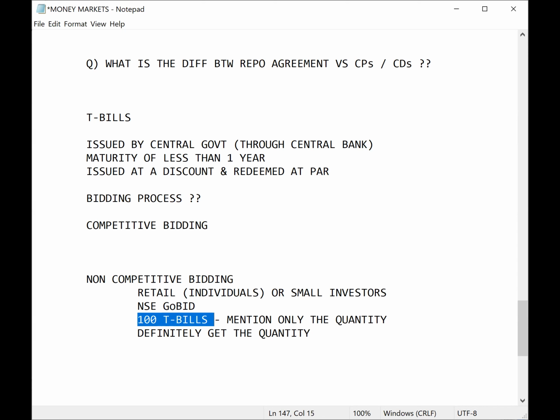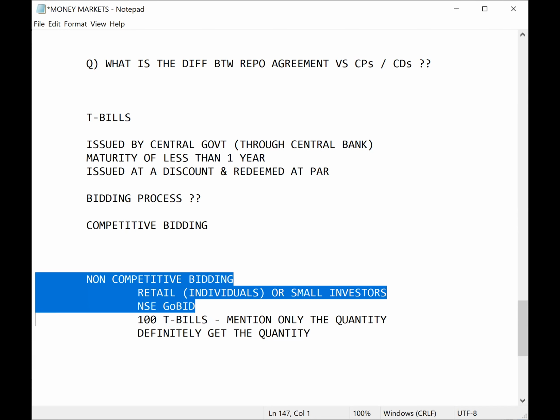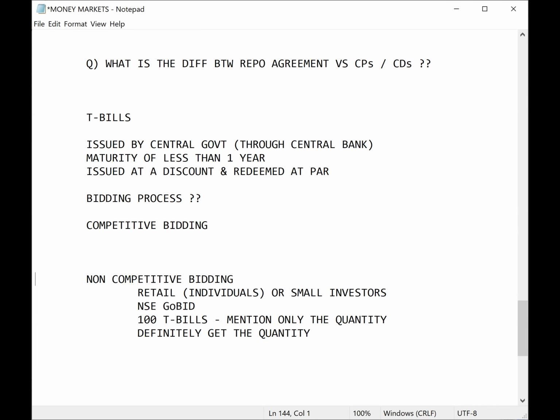I'll just mention the quantity and I can be sure that I'll get the quantity. I'll get 100 T-bills. So that's non-competitive. I'm not competing against anybody. I'm just saying I want this and I'll get this. But there is a competitive bidding also, guys, that happens in case of large investors or institutional investors.